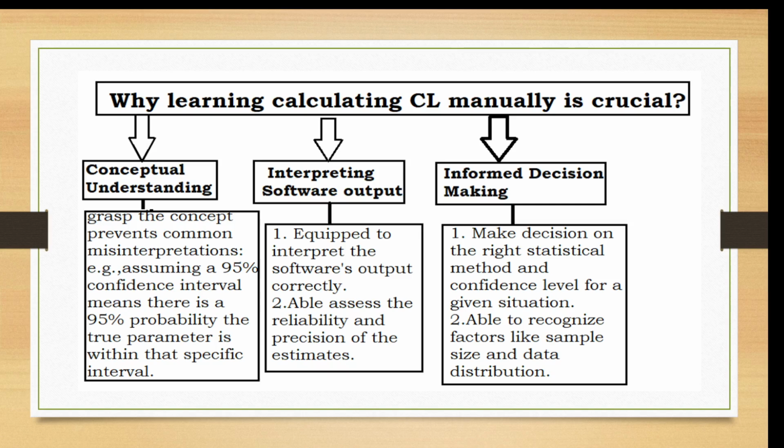The third reason is informed decision making, because of making decisions on the right statistical method and confidence level for a given situation. And also, you'll be able to recognize factors like sample size, data distribution and data disturbance.